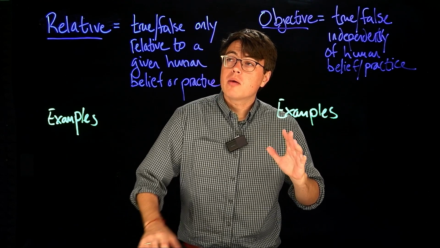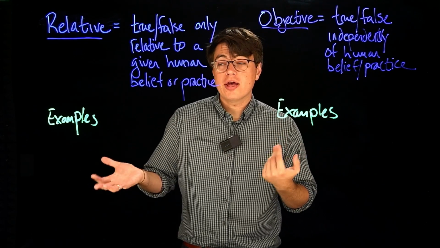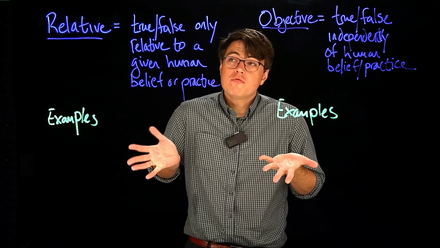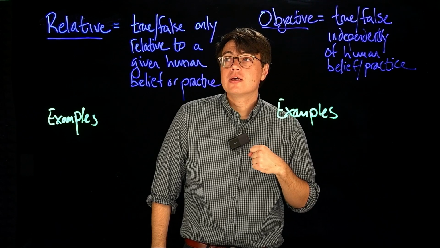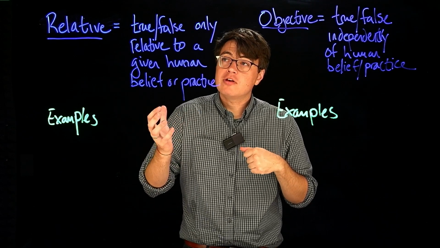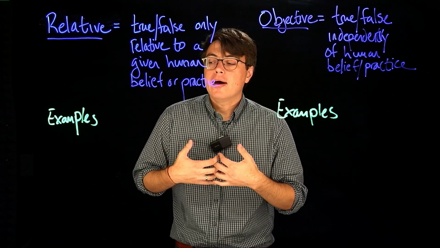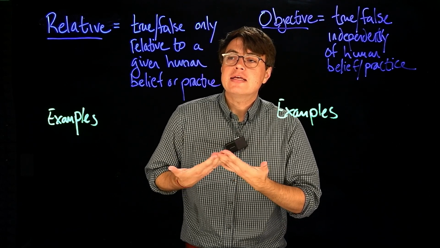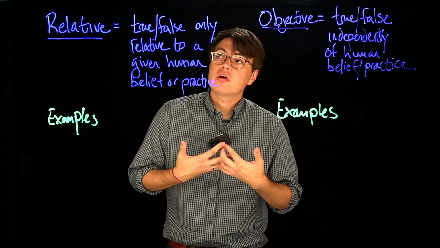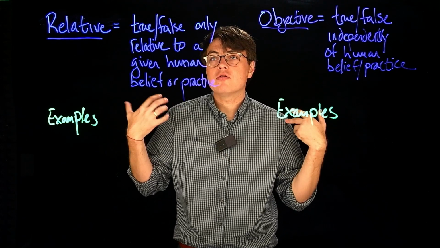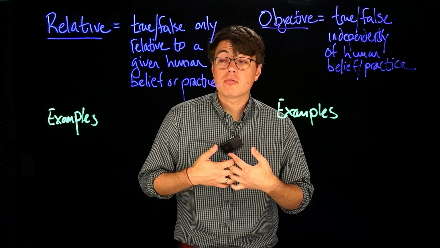Generally speaking, a proposition can have its truth value in one of two different ways. A proposition could have its truth value relatively, or it could have its truth value objectively. A relative truth value is a truth value that is had entirely dependent on a given belief or practice. Or the way we can put it is a relative proposition is one that is true or false only relative to a specific human belief or practice.